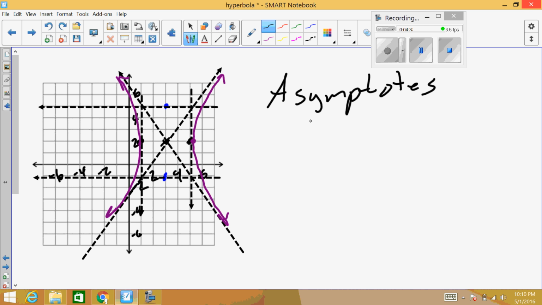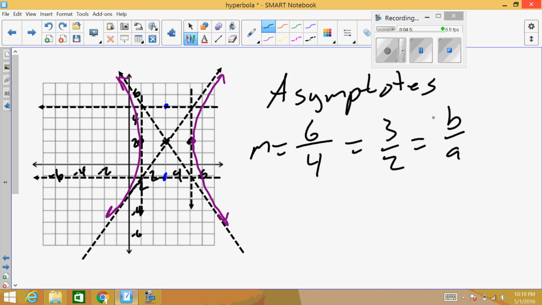So my rise is 6 over my run is 1, 2, 3, 4, 4, which simplifies to 3 over 2. It's not a coincidence that my slope for my asymptotes is going to be b over a and the opposite of b over a. It's always true. The slope of my asymptotes is always going to be plus and minus b over a.